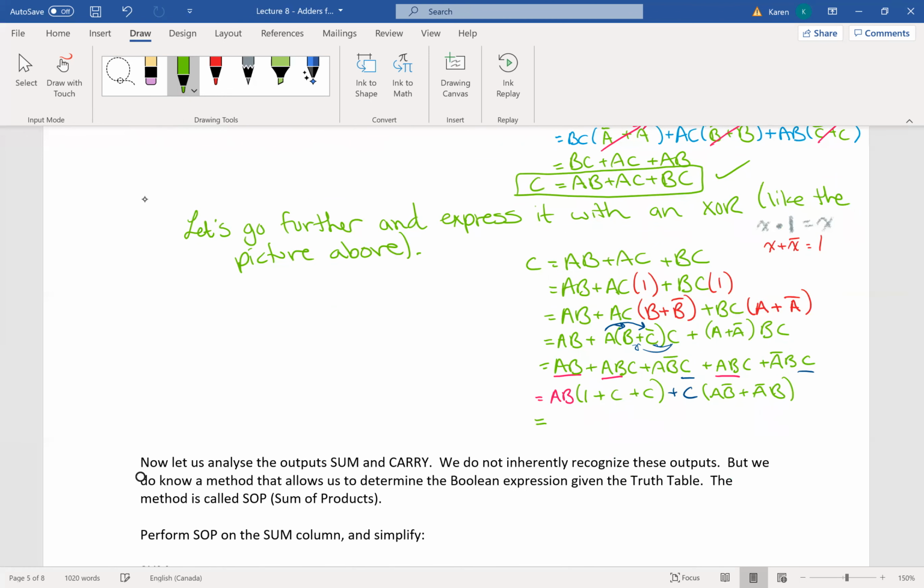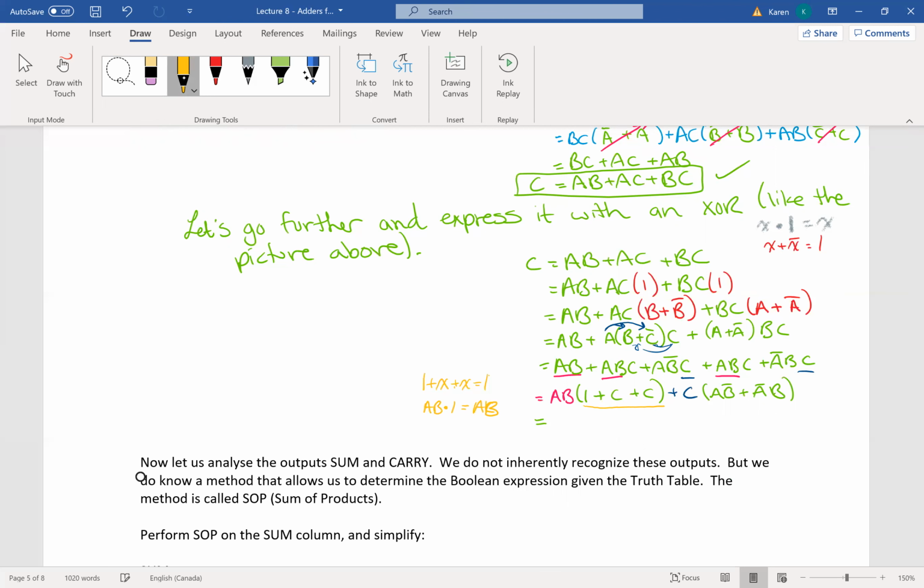Now, let's look at this. This is 1 or X, or X. Doesn't matter what X is, the answer is going to be 1, right? And then AB ANDed with 1 is obviously just going to be whatever AB is.